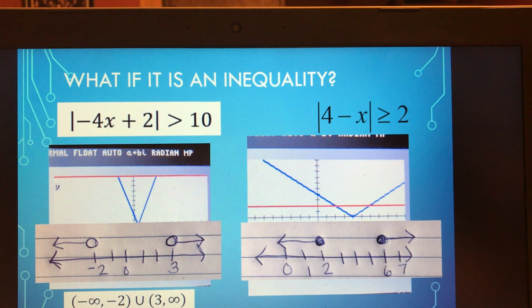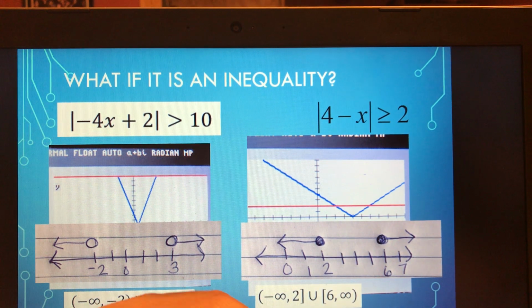If we write this in interval notation, we'll have negative infinity to 2 with a bracket, and 6 to infinity with the brackets on the 2 and the 6, because those values will make your statement true. Right? And then we'll have a gap, an or: x is less than or equal to 2, or x is greater than or equal to 6. Alright, so let's move on to our next example.